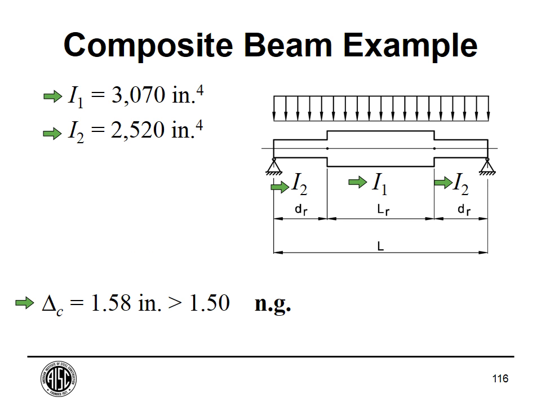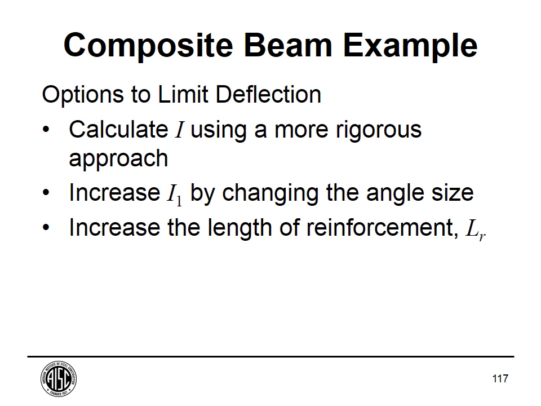So at this point, assuming that we have to have the beam deflection less than that, well, the moment of inertia calculations aren't really very accurate. If you read the commentary to the specification in this section, you'll see that. So one option is to calculate the moment of inertia using a more rigorous approach, and you can probably get enough out of it to get that deflection down to 1.5 possibly.